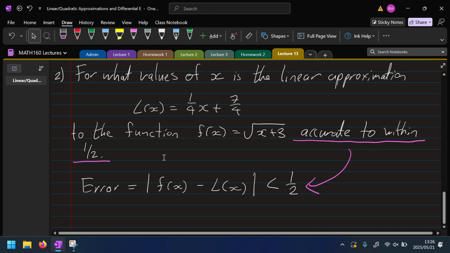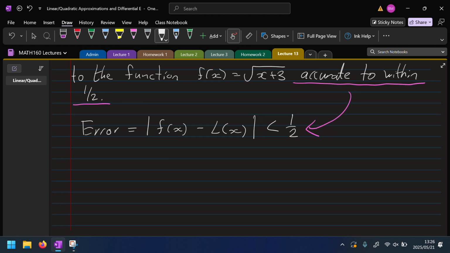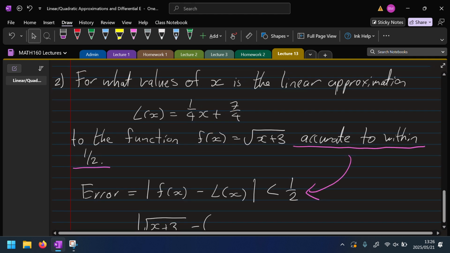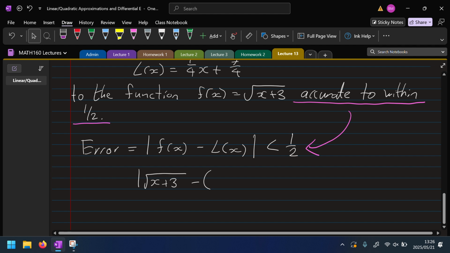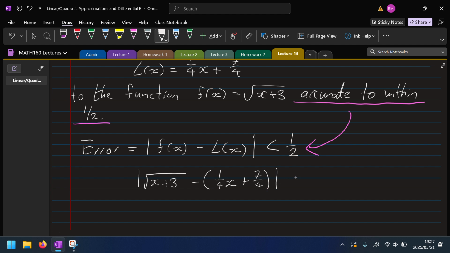No. Okay, so let's substitute the function and the approximation. The function value, that's just root x plus 3, that's given. Minus the linear approximation, that's also given, but you may need to work that out separately. In this case, it's given to us. So that's 1/4 x plus 7/4, absolute value less than a half.